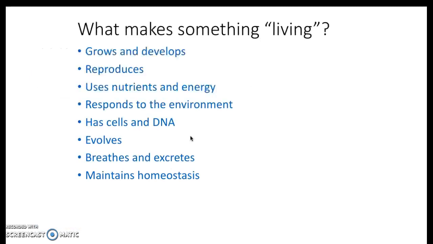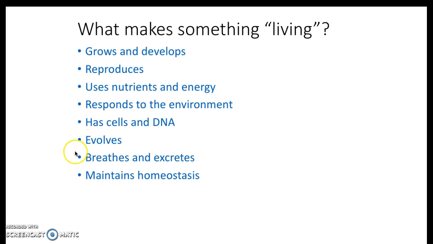If we look at our list, coral does grow and develop. It does reproduce. That's how it's going to have more growth of coral. It does use nutrients and energy. It responds to the environment. Maybe you've heard of ocean acidification, and that's killing some of the coral. It's called coral bleaching. This one's probably hard for you at this point. You'd have to look it up, but coral does have cells.